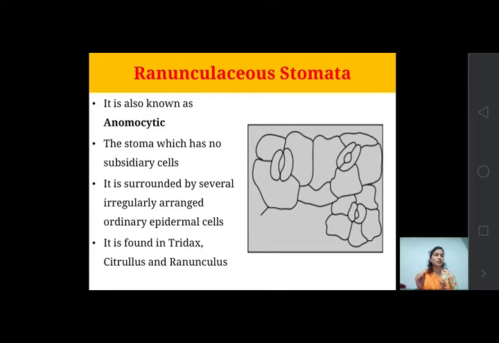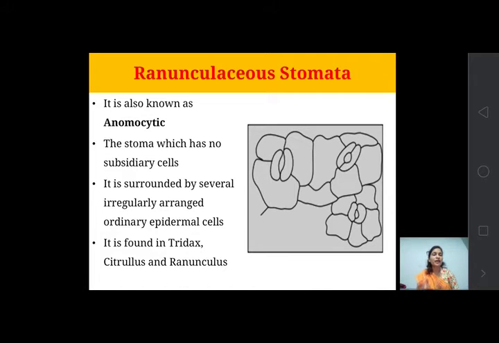That's why we can say subsidiary cells are absent. Only simple epidermal cells surround the guard cells, and they are irregularly arranged around the outside of the guard cells. They have no particular sequence or arrangement. So it is surrounded by several irregularly arranged ordinary or simple epidermal cells.